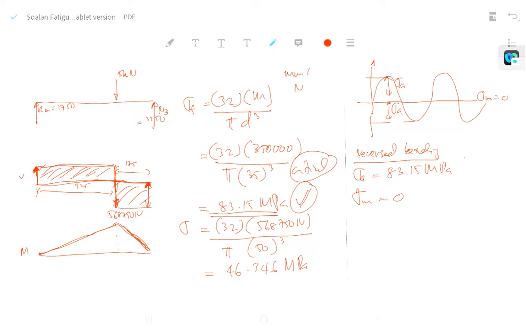So this is alternating, and this means steady.